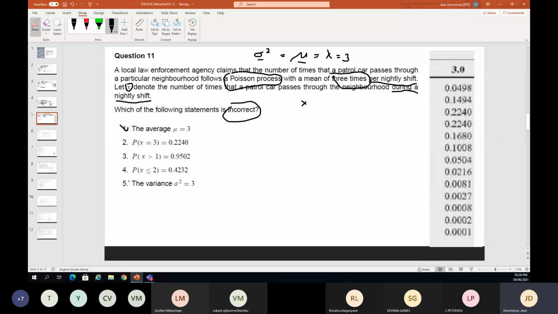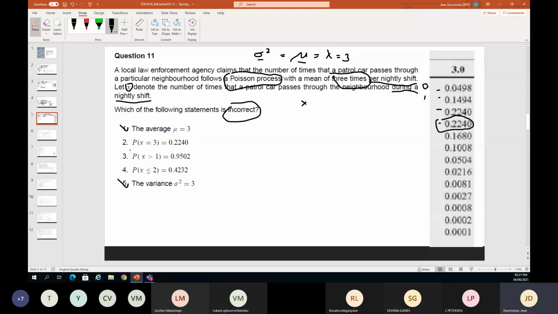So unfortunately, we now need to go to the tables, but again, I've copied the table in. Sorry, I didn't copy in the 0 to whatever it will be. So 0, 1, 2, 3.